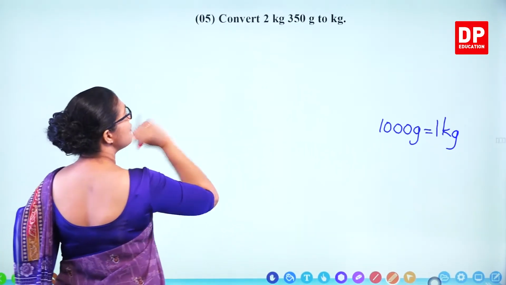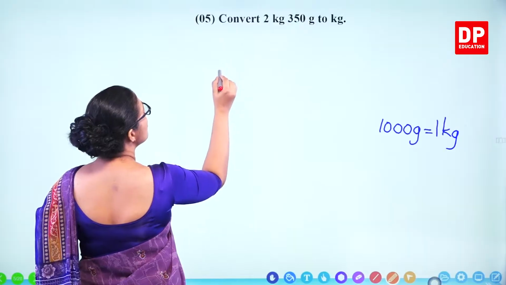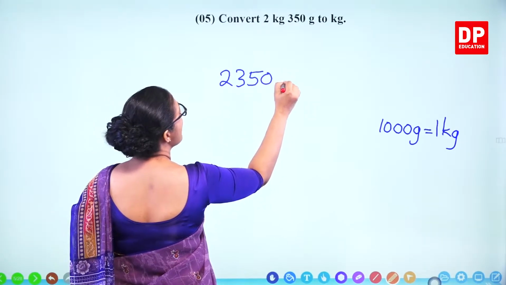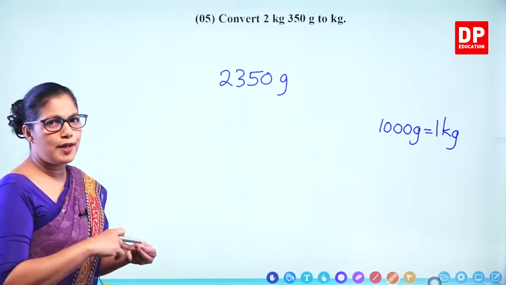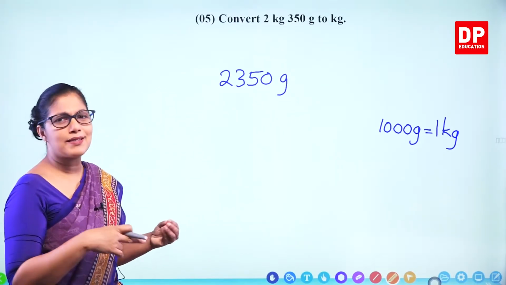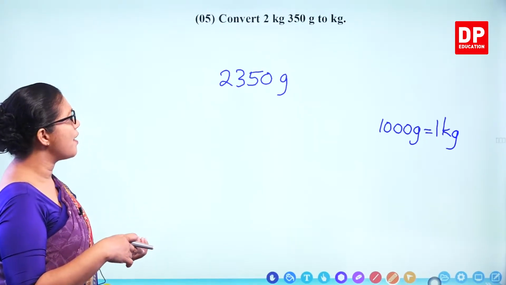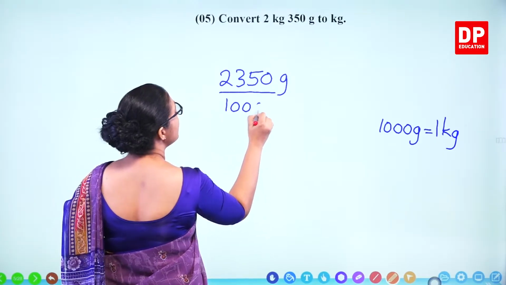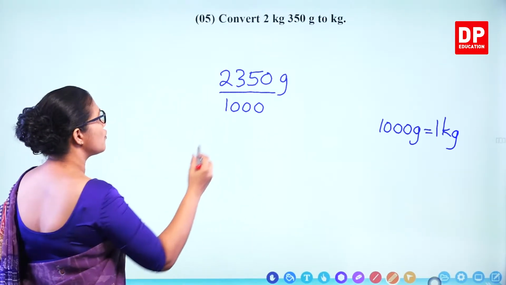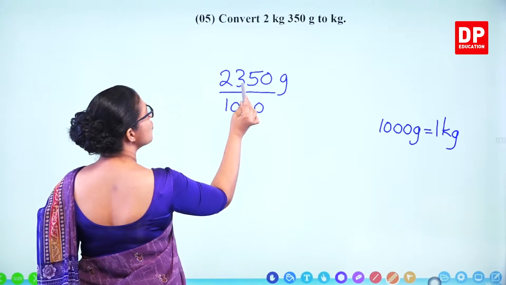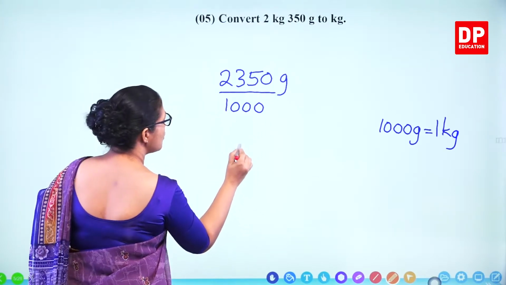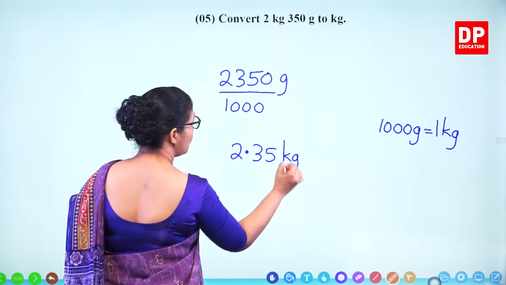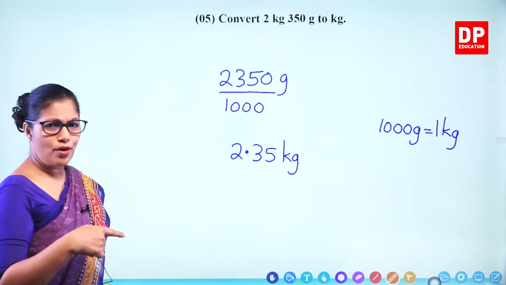I'll do that method first. 2 into 1000, 2000. 350 grams are there altogether. 2000 plus 350, 2350. Now we can convert to kilograms by dividing by 1000. So move the decimal place 3 places to the left. 1, 2, 3. 2.35 kilograms. You don't need to write down the 0 here.